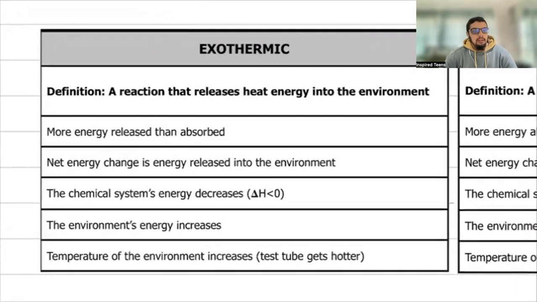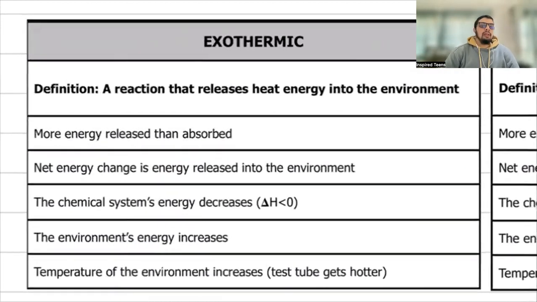Okay, so exothermic. Let's have a look at some points about exothermic reactions. The definition of an exothermic reaction is a reaction that releases heat energy into the environment. When I think of exo, I think of something being released.